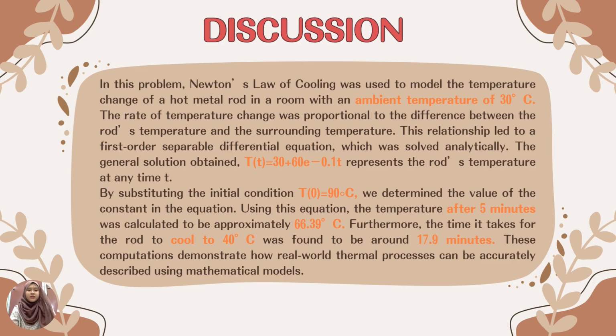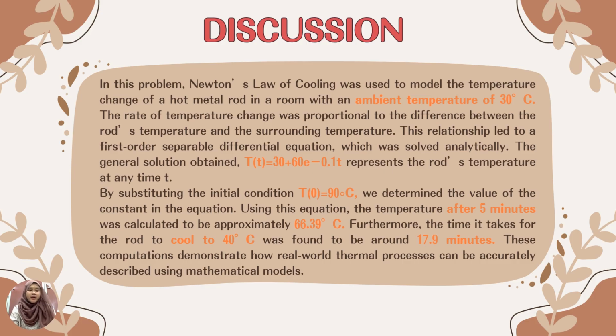And then the general solution that we found was T(t) equals 30 plus 60e to the power of negative 0.1t, which gives the temperature of the rod at any time t.